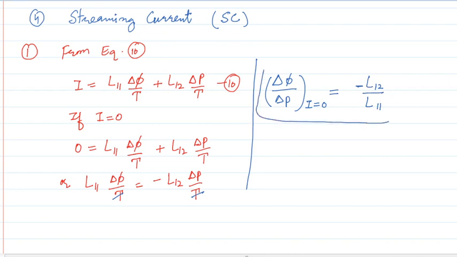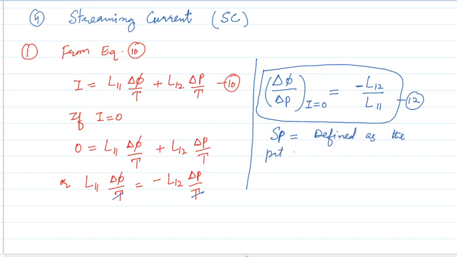Suppose now this is equation 12. What is SP? It is defined as the potential difference per unit pressure difference.